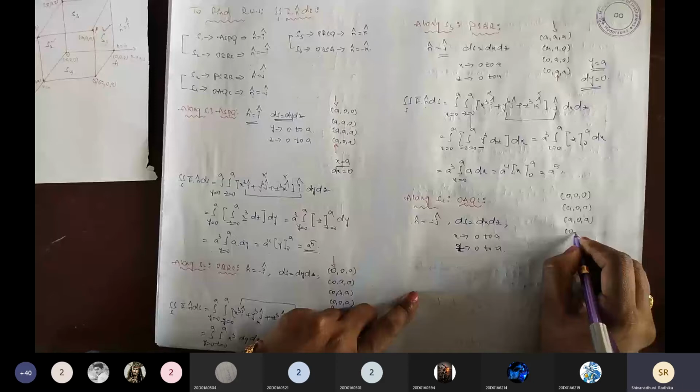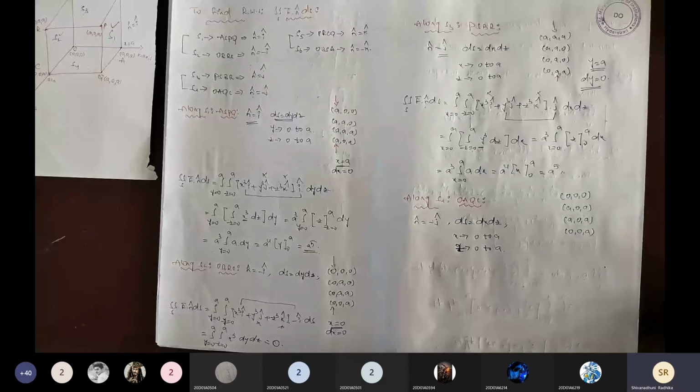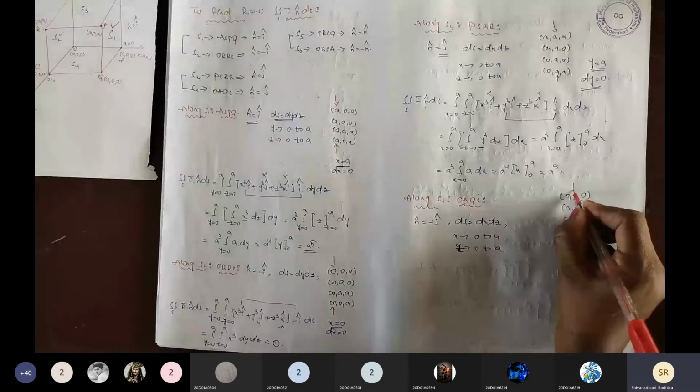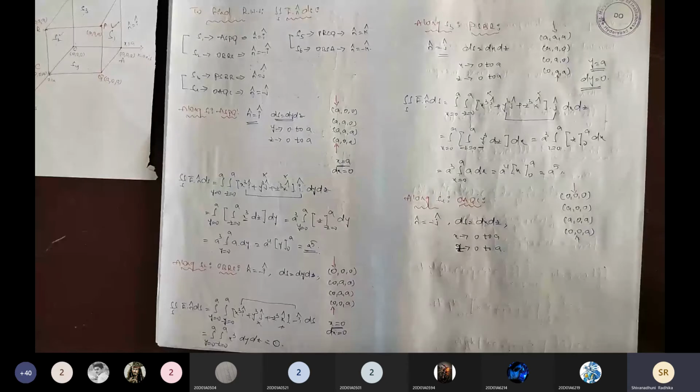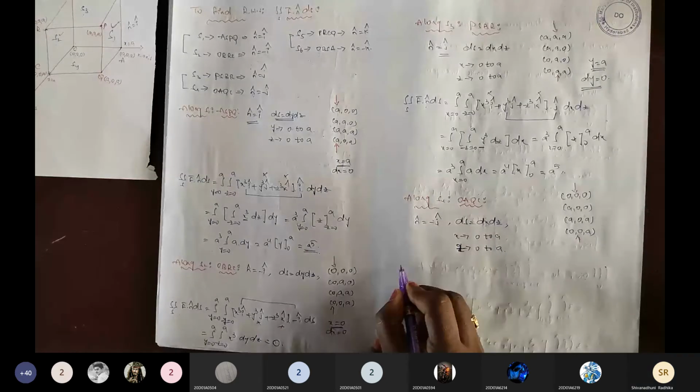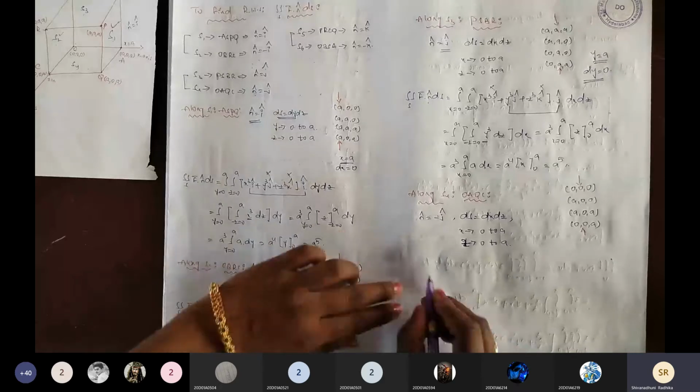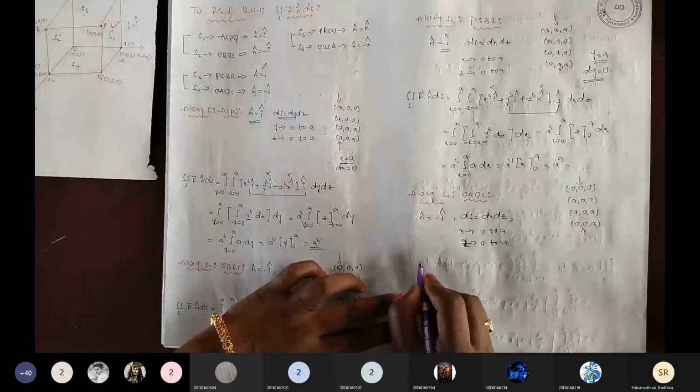Which coordinate has the same value? y equals 0. Okay, then double integration over S of F bar dot n cap dS.